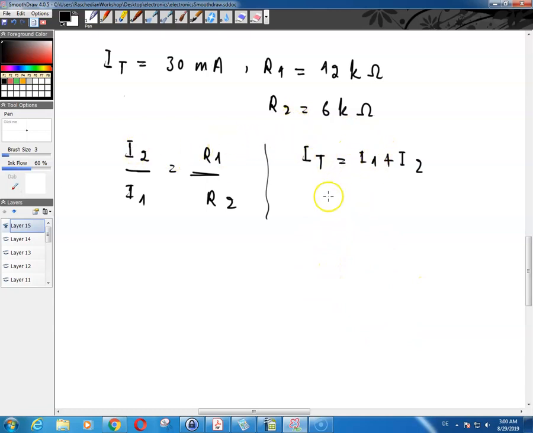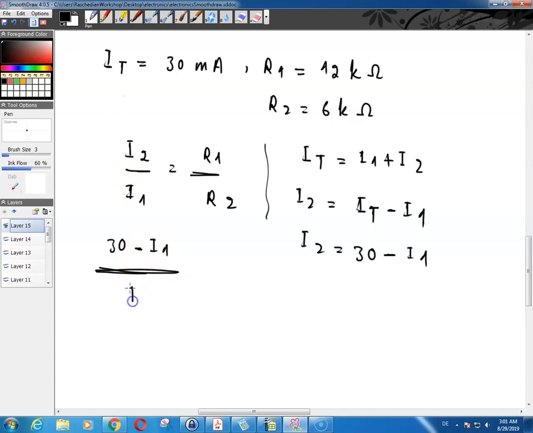So I can write I2 as I(t) minus I1, so I2 is equal to 30 milliamps minus I1. So I2 over I1, which is 30 minus I1 over I1, is equal to R1 to R2, which is 12 by 6, which is equal to 2.